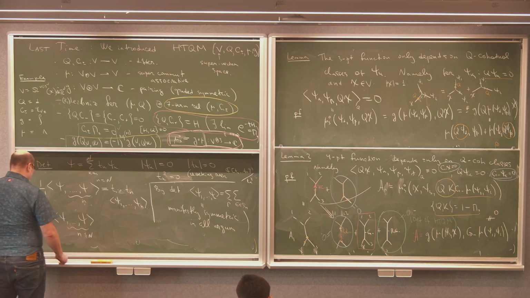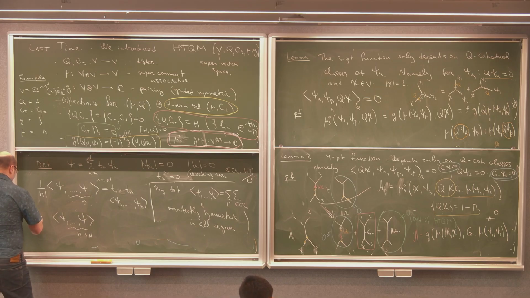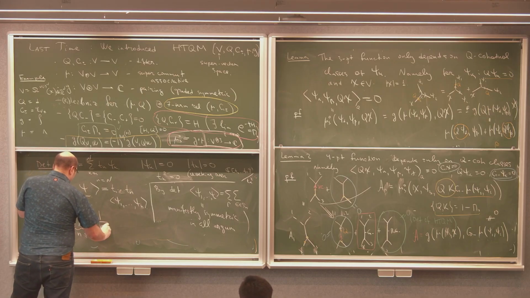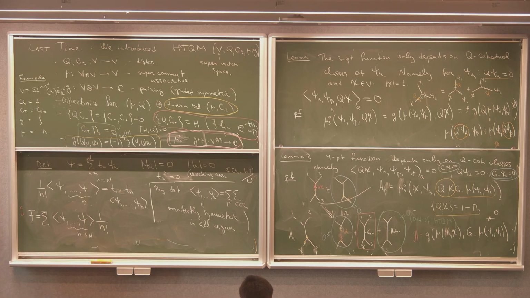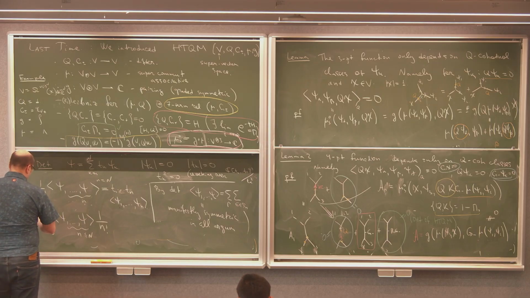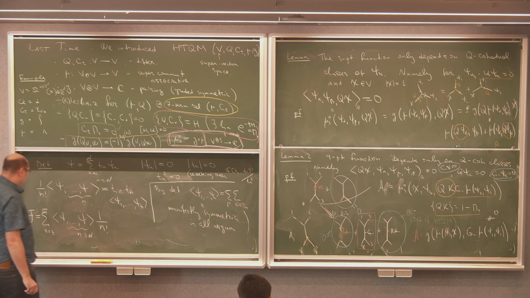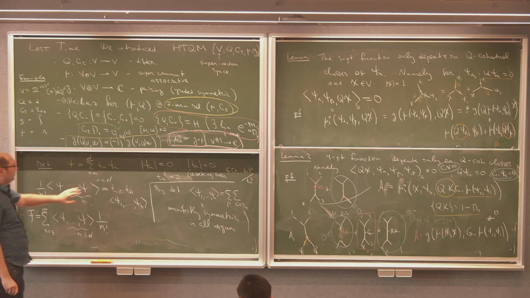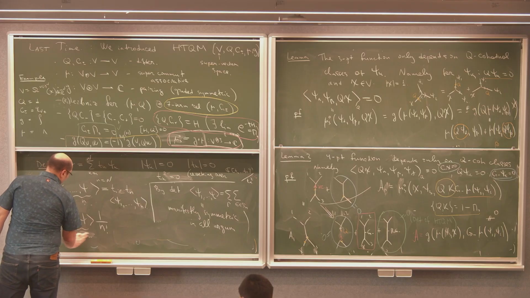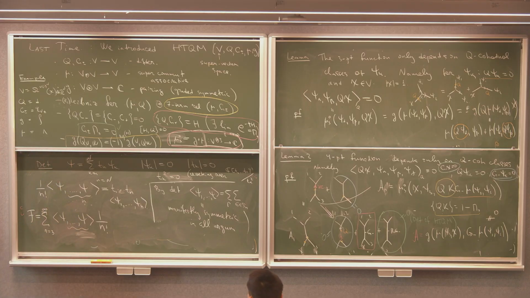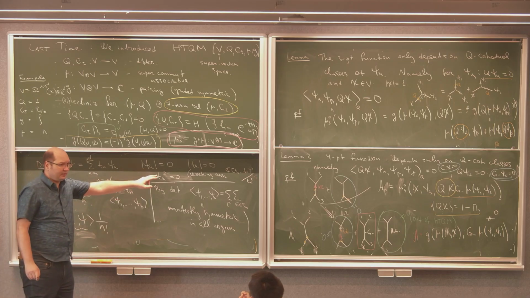And now let me introduce f, which is the sum of these objects divided by n factorial, where n goes from 3 to infinity. This sum will always be a finite sum, because we have a finite number of original states, and therefore at some point when little n is larger than capital N, all these correlation functions vanish because of the property t_k squared is 0.